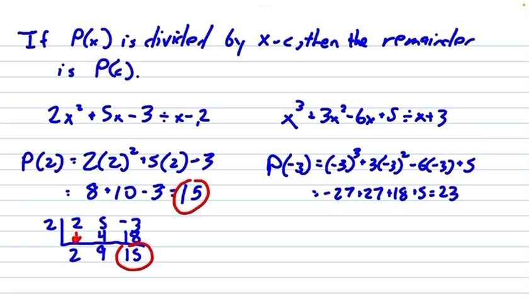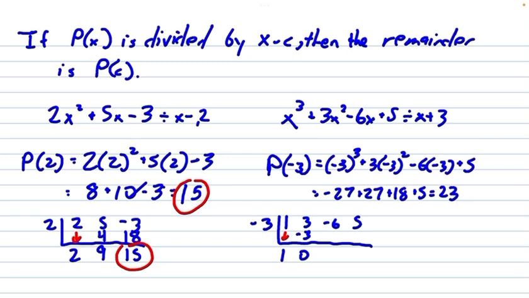Of course, as we said before, we can always come down and check our answer. So we would bring down our negative 3. Our coefficients are 1, 3, negative 6, and 5. Okay, we drop it and bring our 1 straight down. Negative 3 times 1 is negative 3. 3 minus 3 is 0.